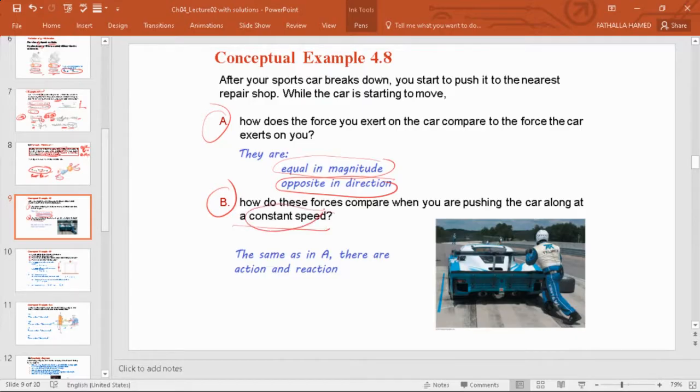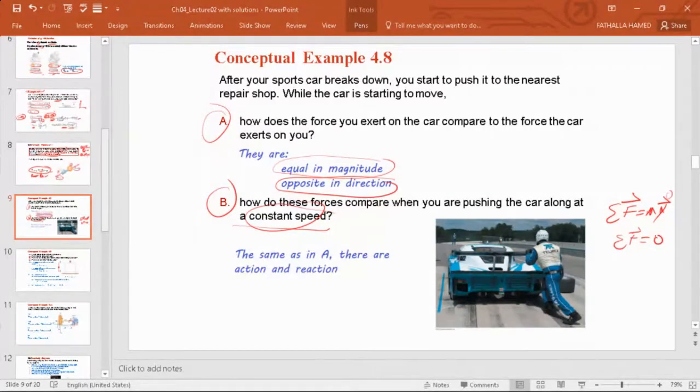Now, you know right away, when the speed is constant and you're moving in a straight line, that your acceleration is equal to zero. So if you want to use that reasoning and look at Newton's second law, F is equal to ma, and I'm moving with constant speed, meaning my acceleration is equal to zero, that means the net force will equal zero.